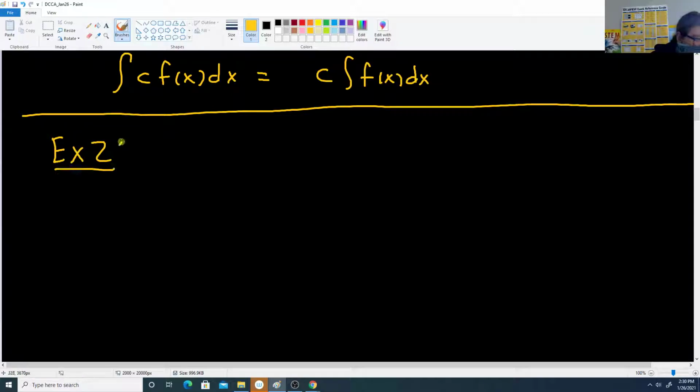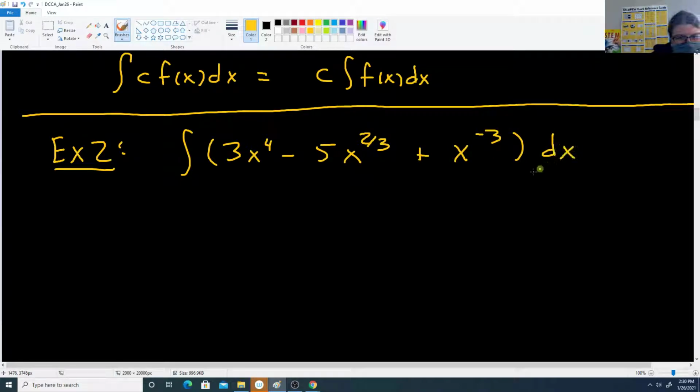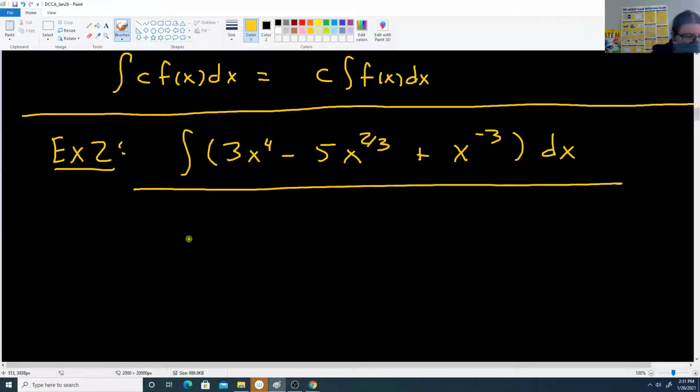So for example 2 in the book, we're going to take the indefinite integral of 3x to the 4th minus 5x to the 2/3 plus x to the negative 3 dx. So first I'm going to use the linearity, which says I can treat these terms individually. And I'm going to think about the x to the 4th.